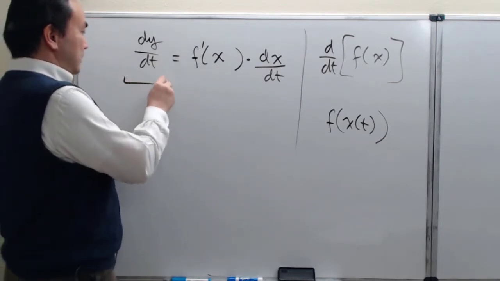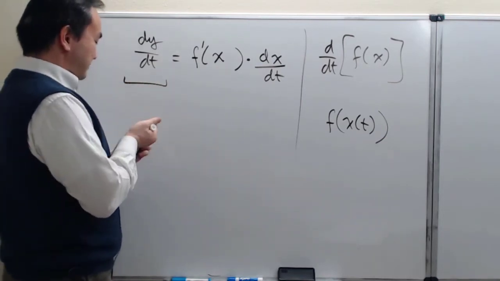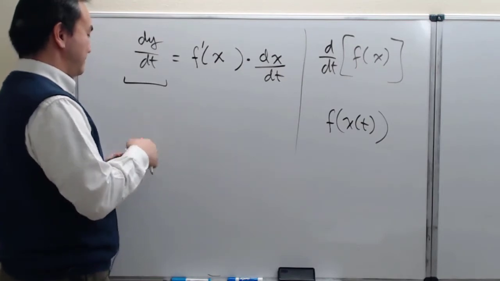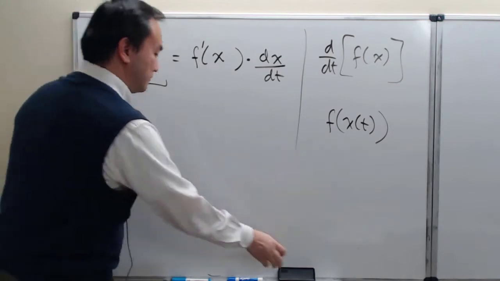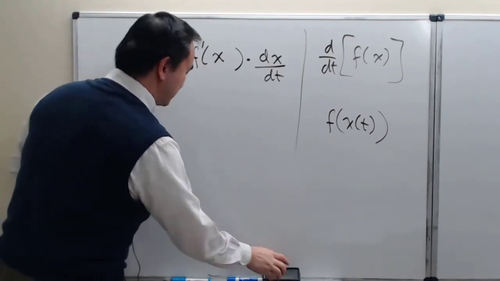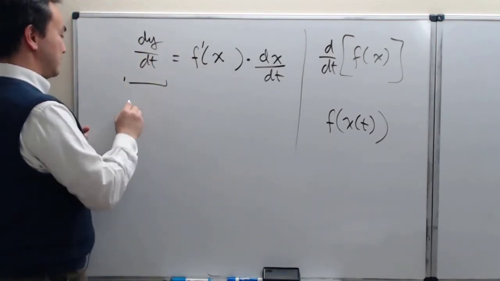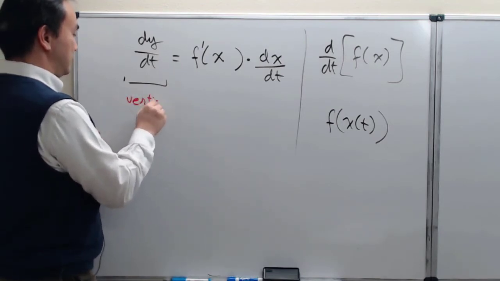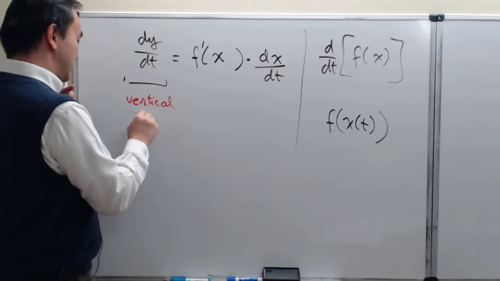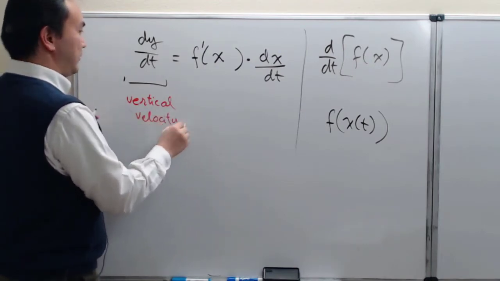And so now this is what I recognize. This is the horizontal velocity, this is the dx dt right there. This is the velocity of our point.